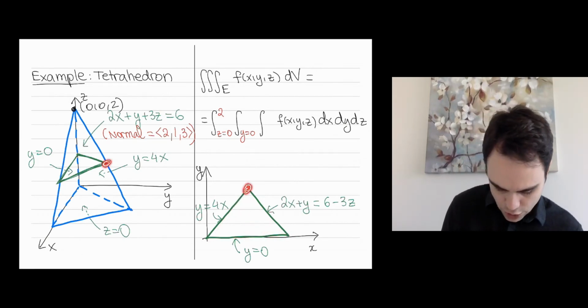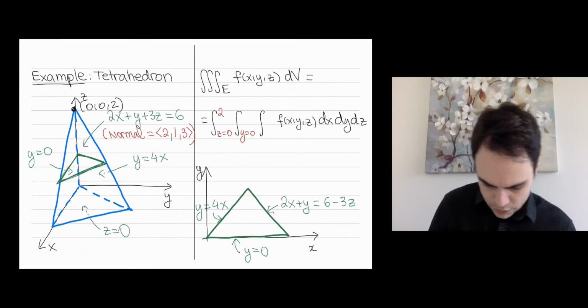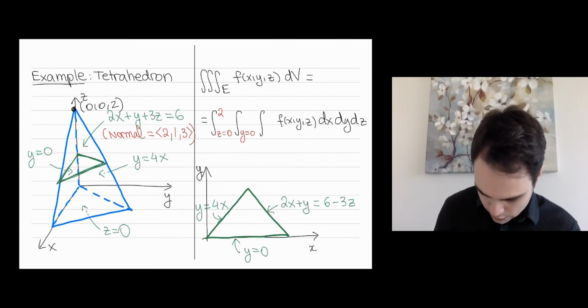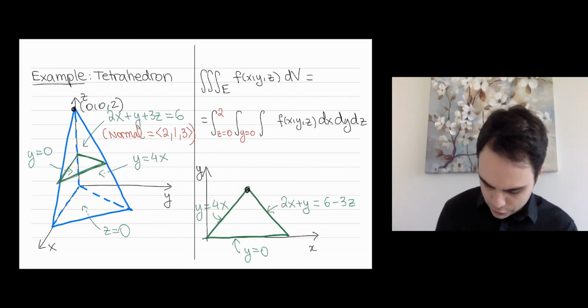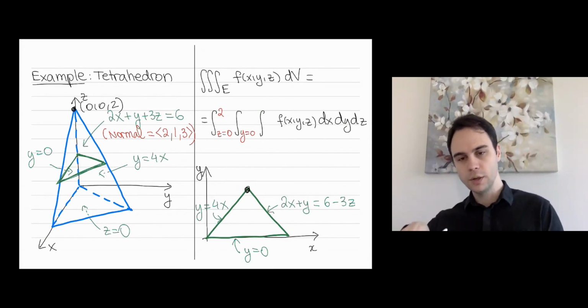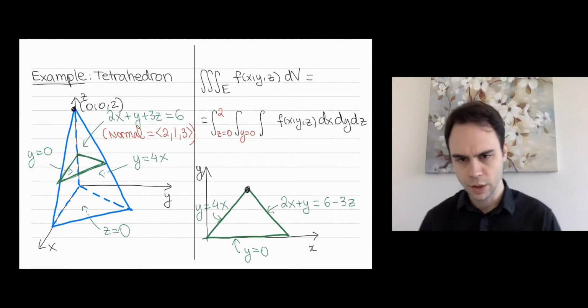You can see this point changes as z changes. So you get different triangles, and the coordinates of this point, the upper vertex of this triangle, change.